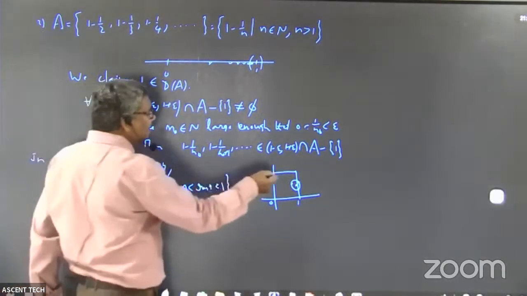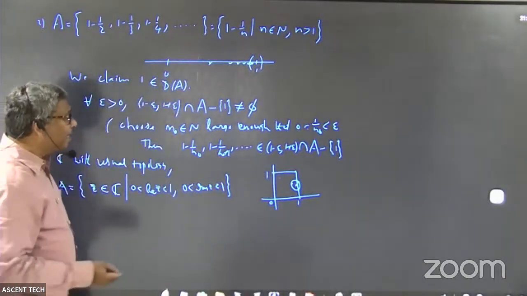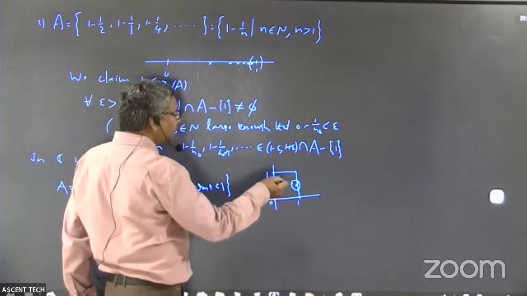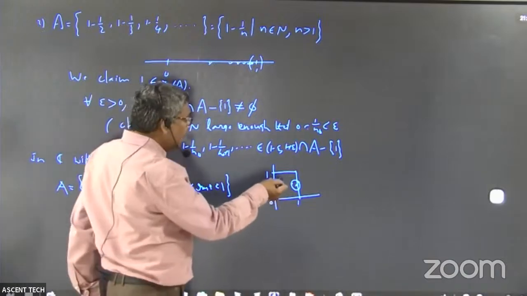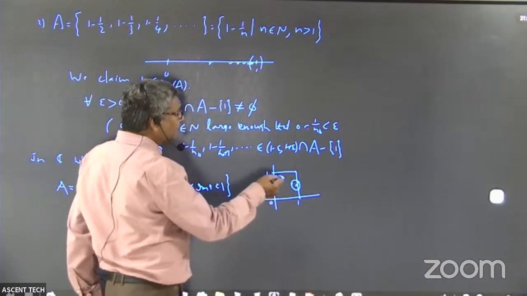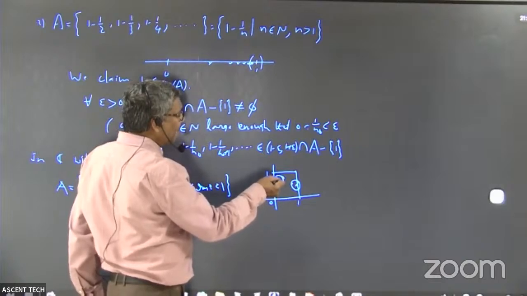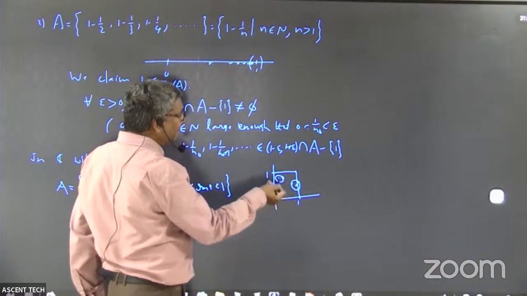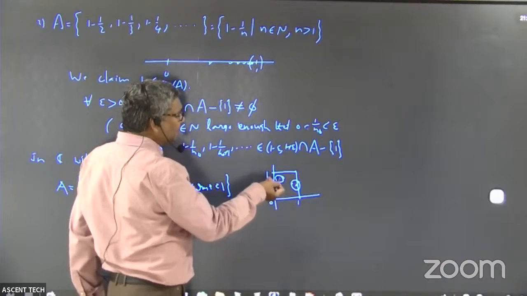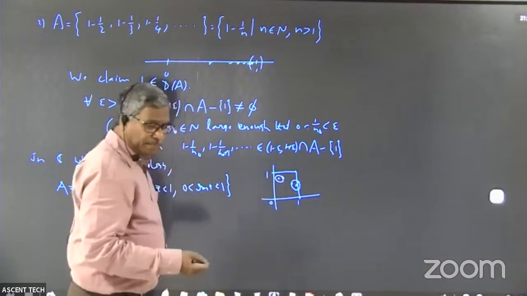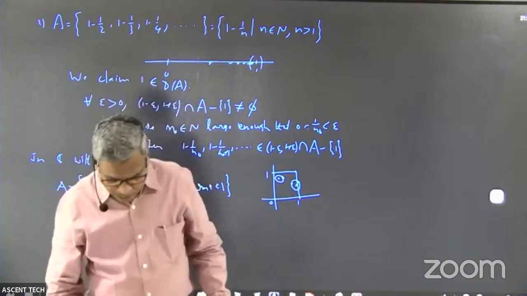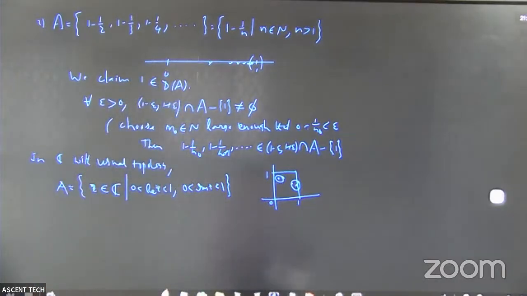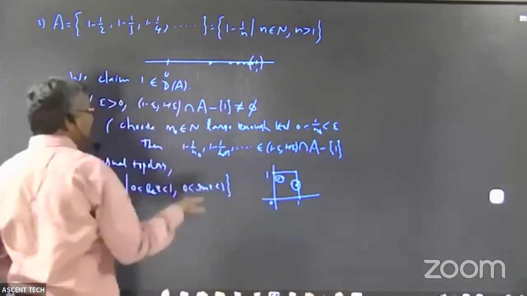Every point inside is also a limit point, because for every point inside, whatever small open neighborhood I take, that intersection with A, even if you remove just the center point, is a non-empty set. And therefore every point inside the set is also a limit point.